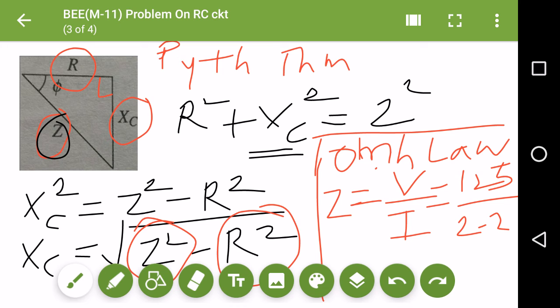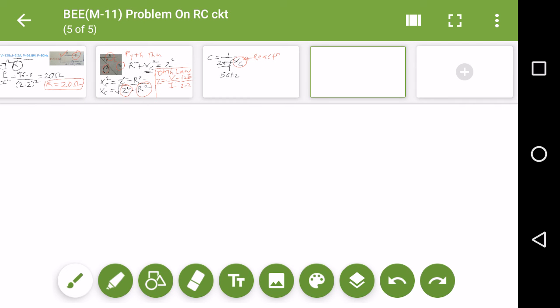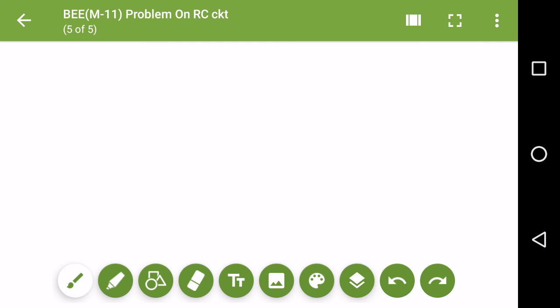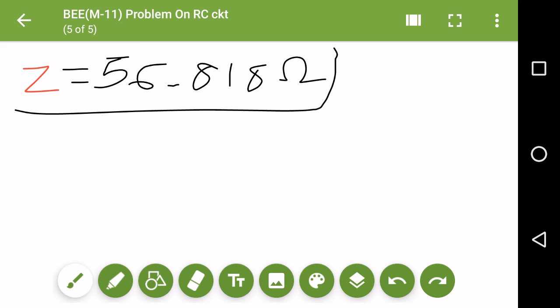The value of impedance Z is equal to 56.818 ohms, which I just calculated.